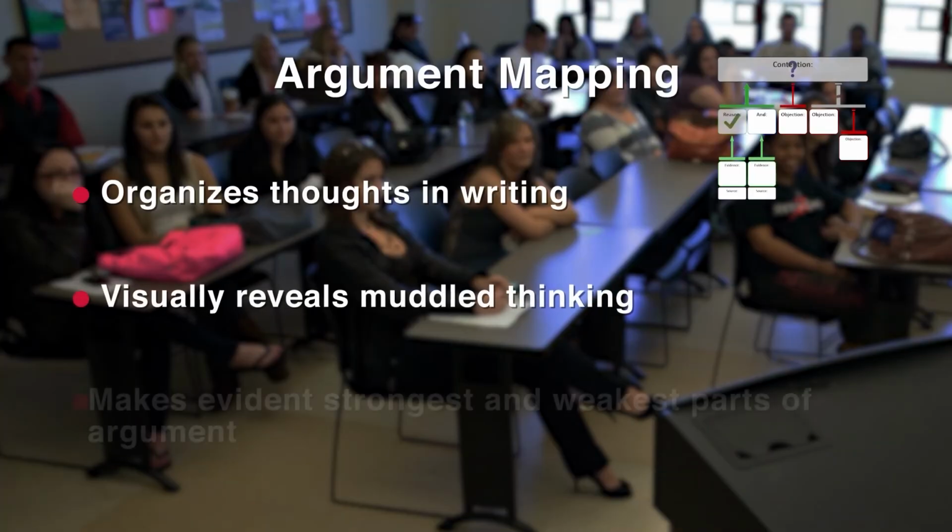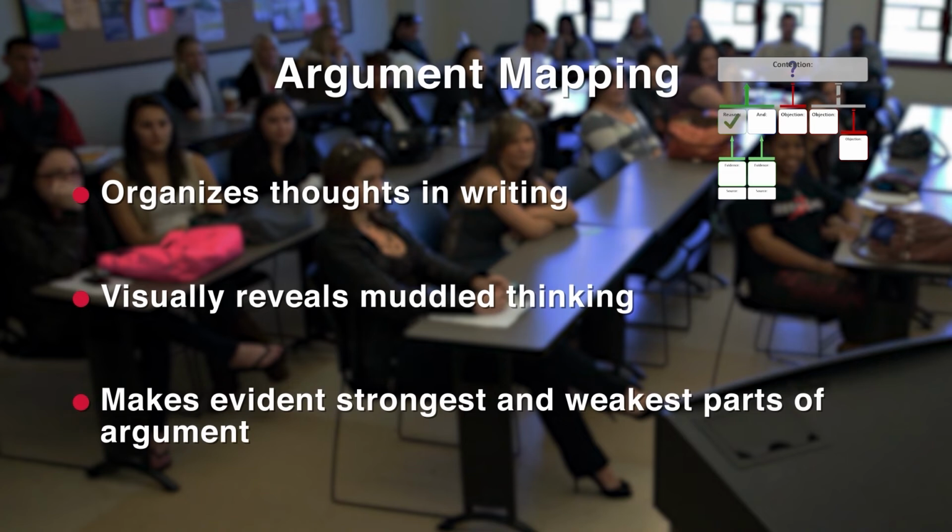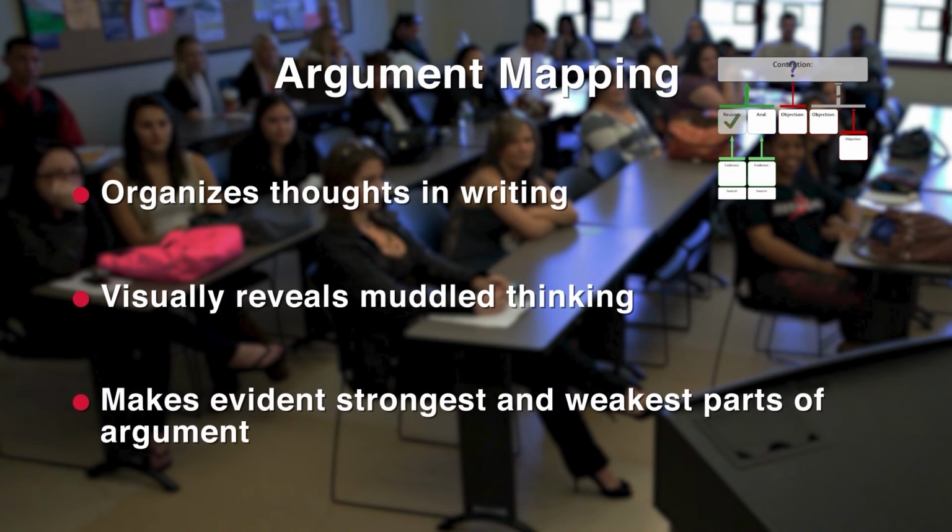It also makes it much more visually evident which parts of their argument are more detailed or well-researched or well thought out. And it also makes explicit what parts of their argument are weakest. If they have a map, they can look at the particular claim or set of claims that someone is criticizing, and more possibilities for response generally open up when they can see it in that kind of context.